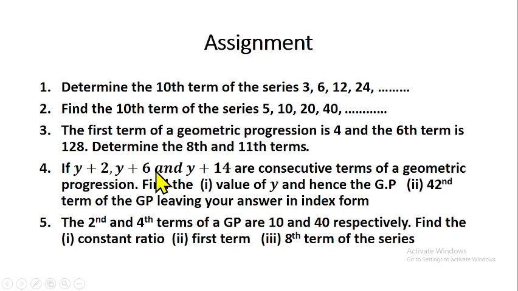If this and this are consecutive terms of a geometric progression, find the value of y, hence the GP. Then number 4, find the 42nd term of the GP, leaving your answer in index form. Number 5, the second and the fourth term of a GP are 10 and 40 respectively. Find the constant ratio, the first term and the 8th term of the series.